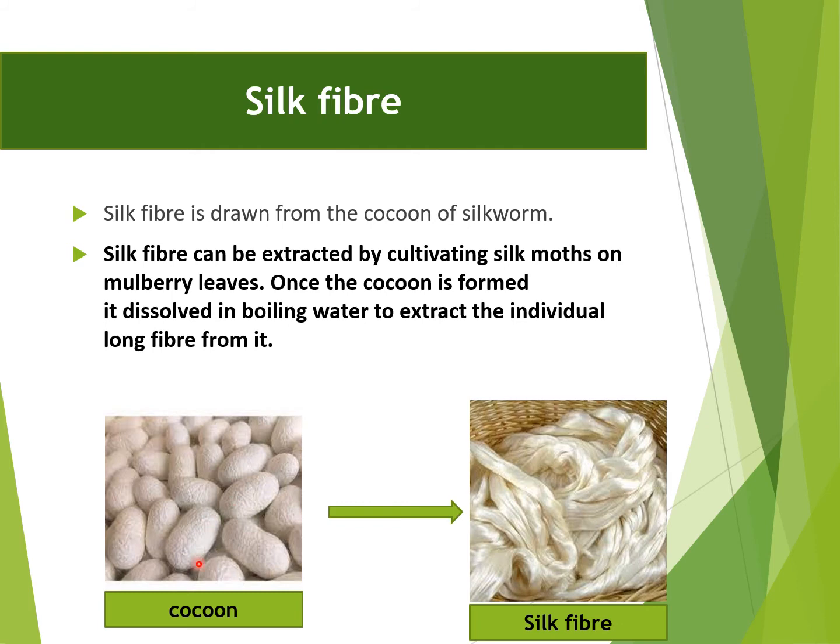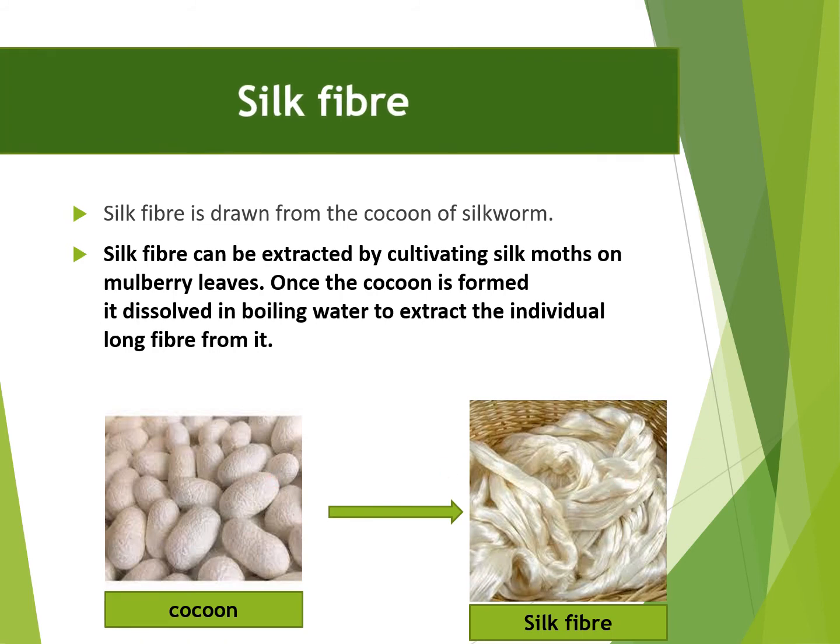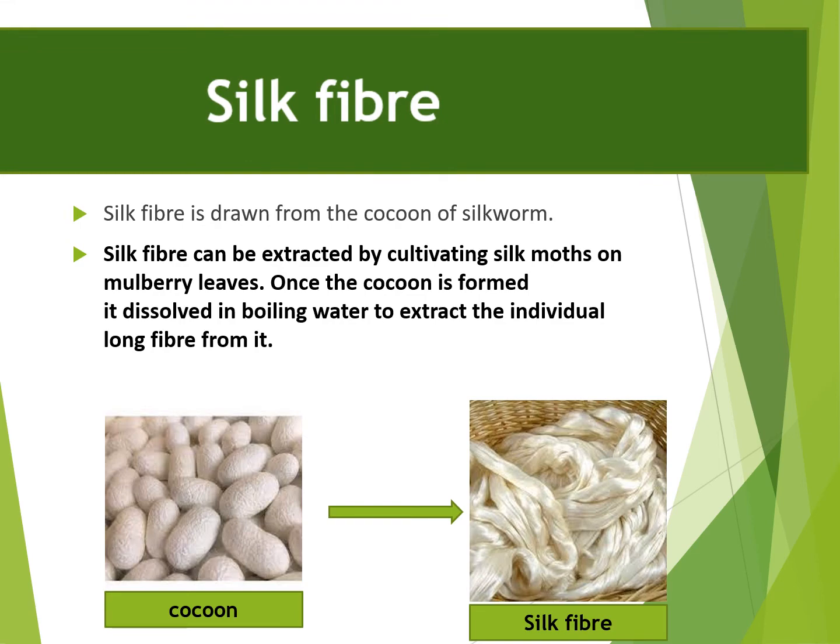So this is the cocoon, and from the cocoon these silk fibers are generally obtained. These cocoons are dissolved in boiling water in order to extract long silk fiber from the cocoons of the silkworms. So this is how silk fiber is obtained.